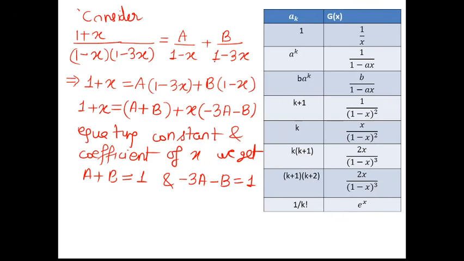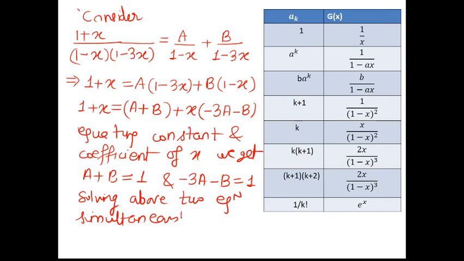In this way, we are getting two equations. Solving the above two equations simultaneously, you can use a calculator as well, we get the value of a as minus 1, whereas the value of b is equal to 2.